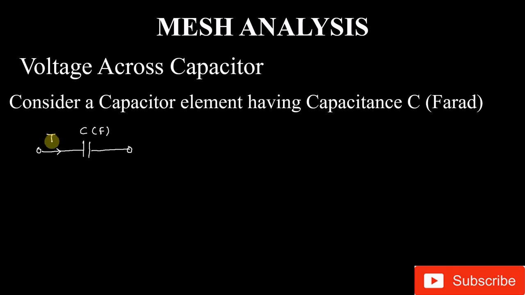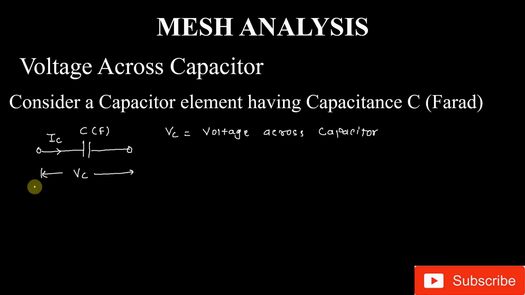I will assume that the current flowing through it is IC, the current flowing through the capacitor, and VC is the voltage across the capacitor. Our aim is to find out VC, the voltage across the capacitor.